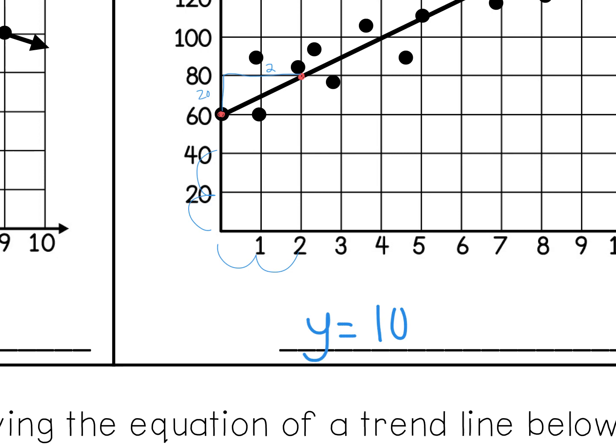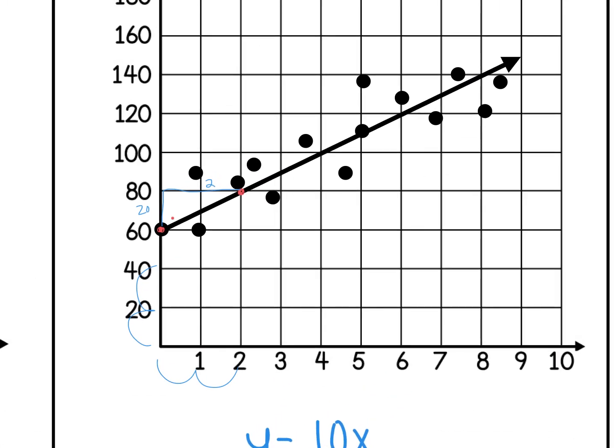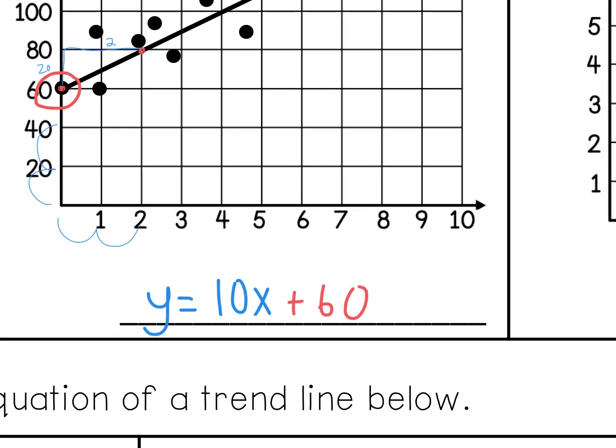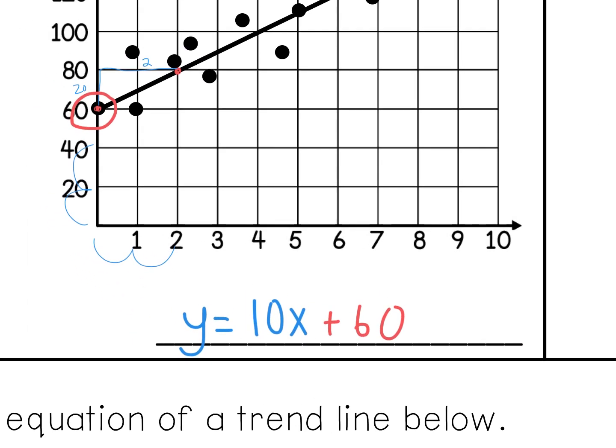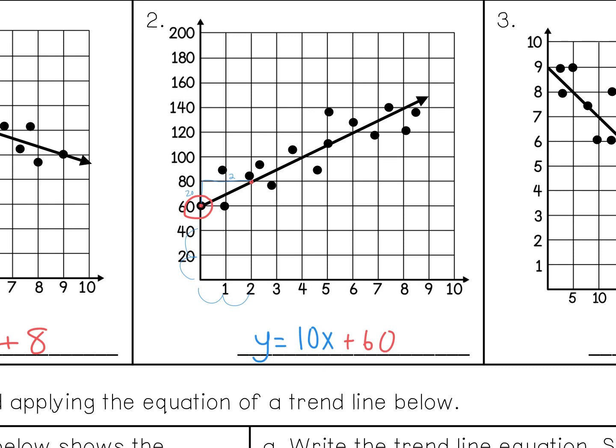10. 10x. Okay, and then now we just have to find where does it cross the y. Yep, at 60. So 10x plus 60. And that's it. So you notice, if I put the value of 2 in here, what is 10 times 2 plus 60?